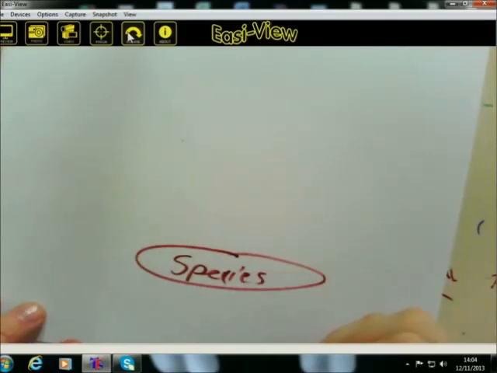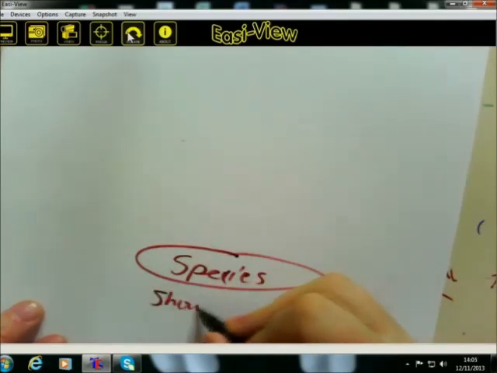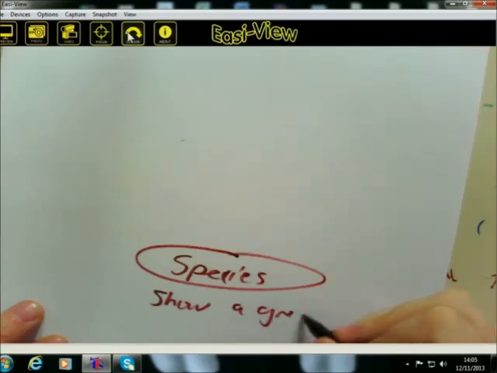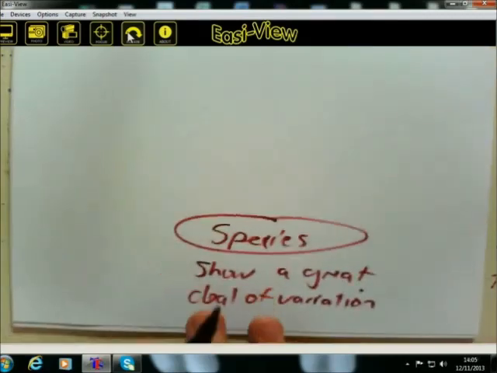Okay, and what basically happens is this. If we start over here, you have the original species, and the thing that we need to know about this species is that they show a great deal of variation. Whatever species it is that we are speaking about, it doesn't really matter.